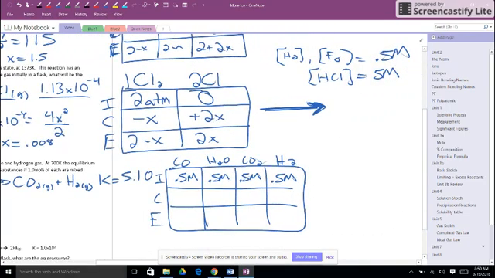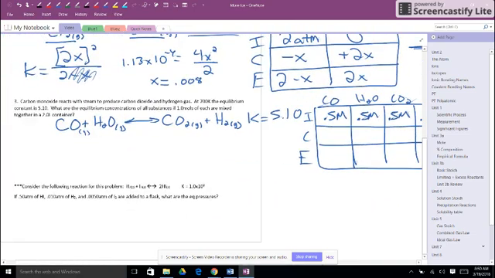Then we plug that in here. We find the equilibrium concentration of Cl2 would be 2 minus 0.008, so 1.992. And the equilibrium concentration of chlorine atoms would be 2 times 0.008, so 0.016. These would both be in atm.